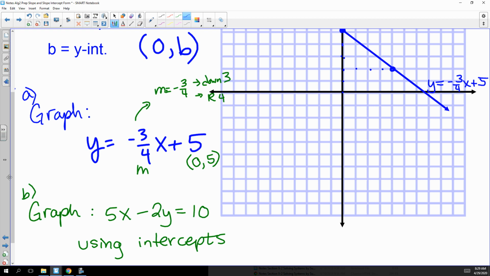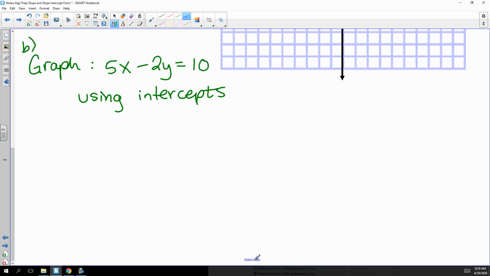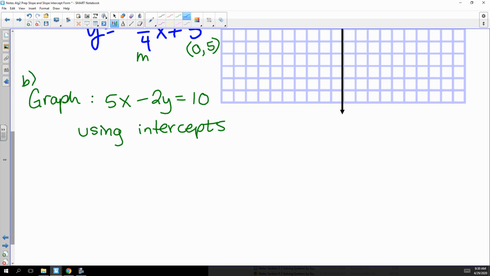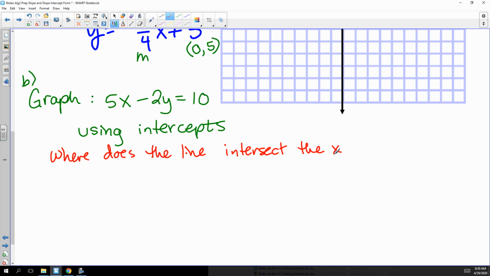So we're going to graph 5x minus 2y equals 10 using intercepts, which is a little bit different. Using intercepts means I want to find where the line intersects the x-axis and the y-axis, each one, right? So if we're talking about intercepts, an x-intercept would have a y-coordinate of 0.